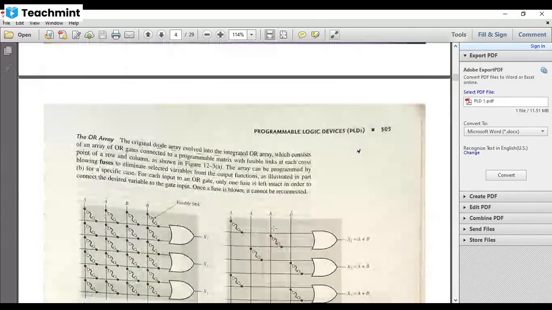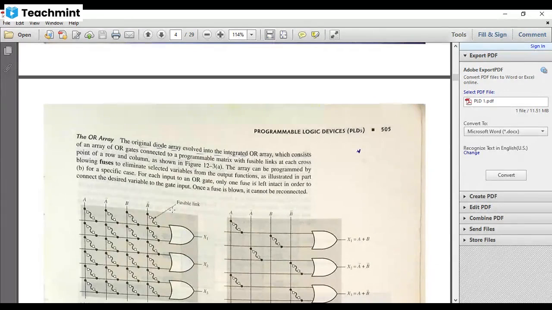If you look at it, these are the columns and this is the row, and across them is the fusible link. So it is a grid, in which there are rows and columns along with the fusible links connected across them.